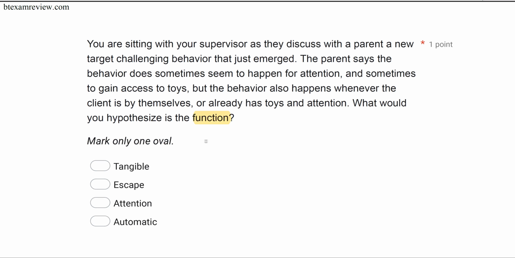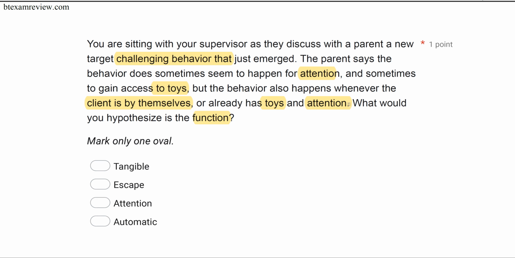So what do we know so far about the behavior? Well, it's a new behavior, and it happens for sometimes attention, sometimes for tangible, but also when the client is just by themselves, or they have toys and attention. So when the client wants attention, when the client wants toys, when they're alone, or when they don't want anything at all, this behavior is just happening constantly.